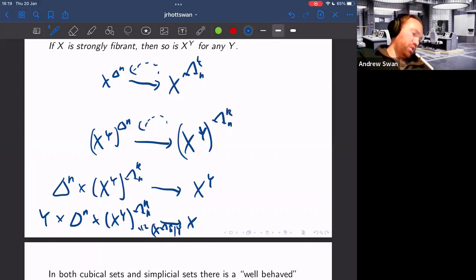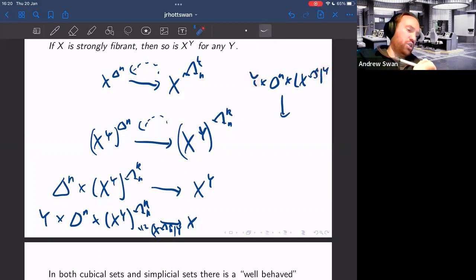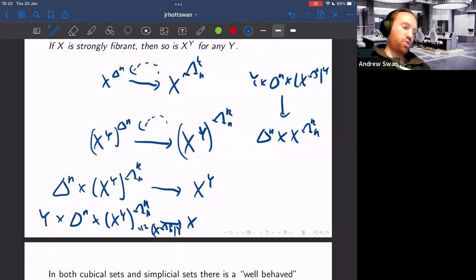So we can first evaluate this Y and this exponential to get a map delta n times X to the Horn, and then we can apply the section here, the fibration structure on X, to get a map into X, which is what we need. And so that's how the section is constructed.